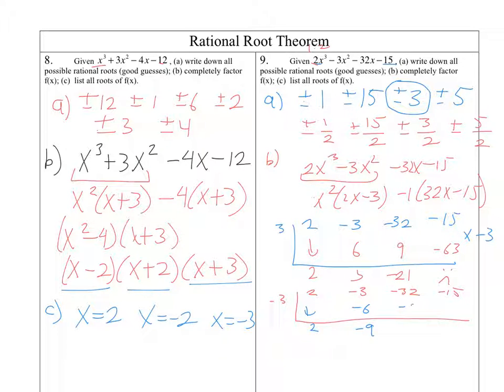And I'm getting negative 27, positive 27. Negative 32 plus negative 27 is going to be negative 5. Okay, negative 3 times negative 5 is 15. Oh, phew! That gave me something that I was looking for. Okay, so x plus 3 is a factor.